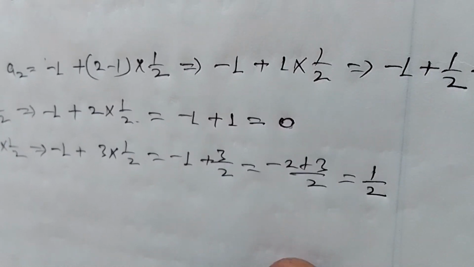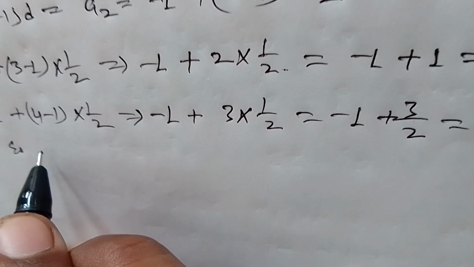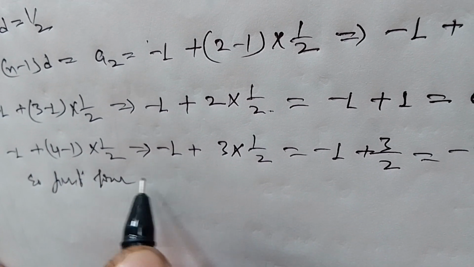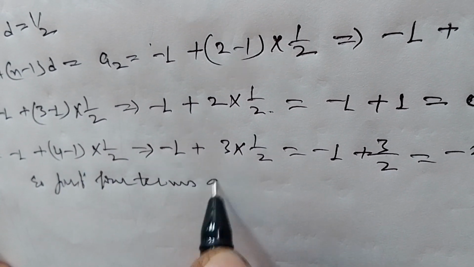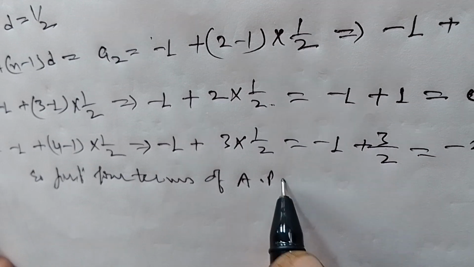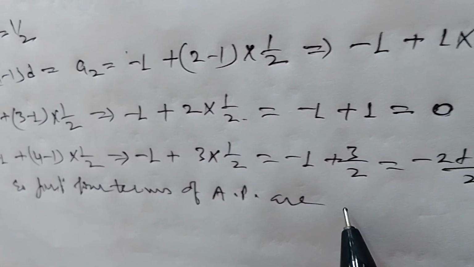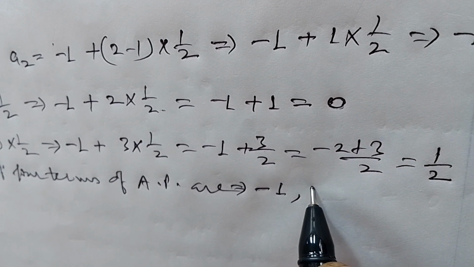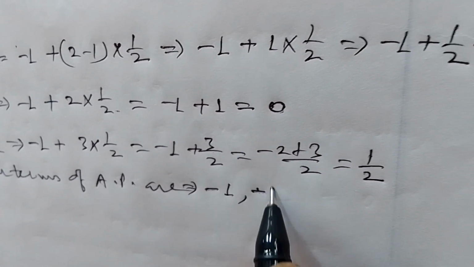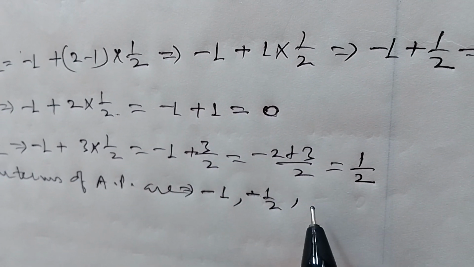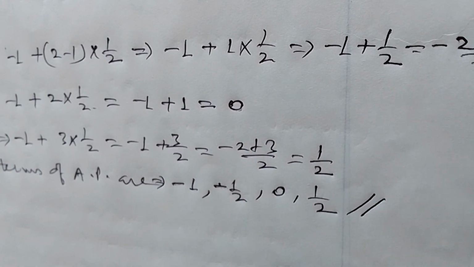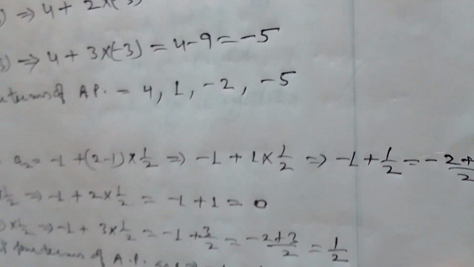So the first four terms of AP are minus 1, minus half, 0 and half. These are the first four terms of AP.